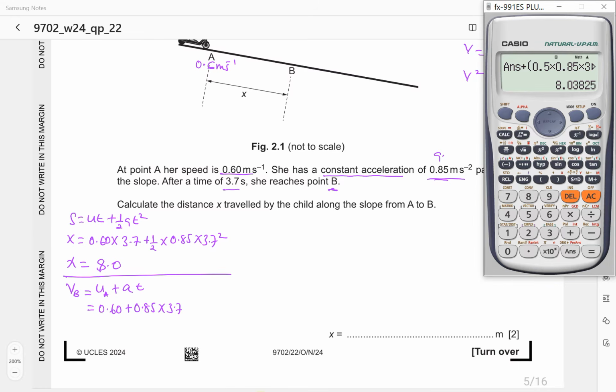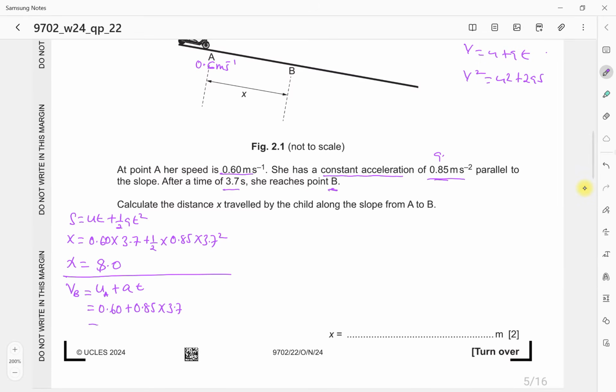I'll check the calculator again. That is 3.75. Let me just write 3.75 meters per second. That is the speed at B.